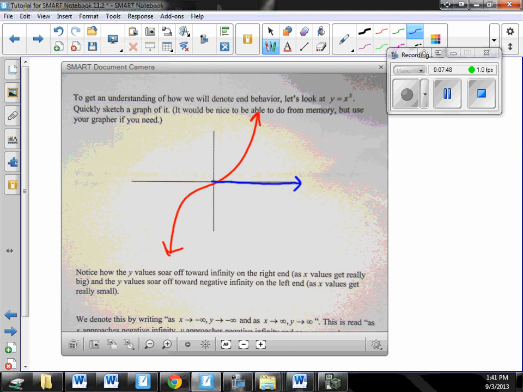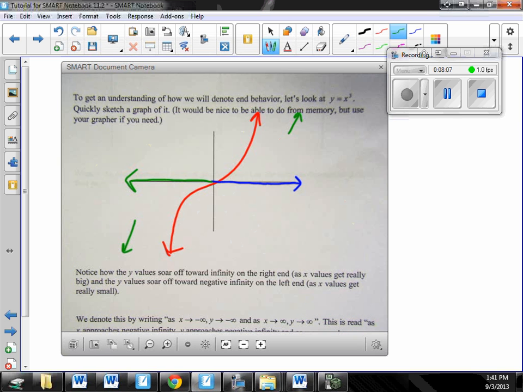And the y values soar off toward negative infinity on the left end. So if I were to walk in the opposite direction, if I walk in the negative direction, notice that the graph is going down, whereas on the other side it's going up. Okay, now here's where it gets a little bit tricky.